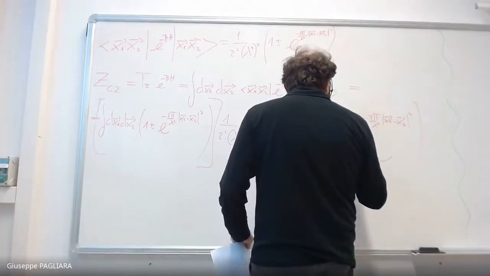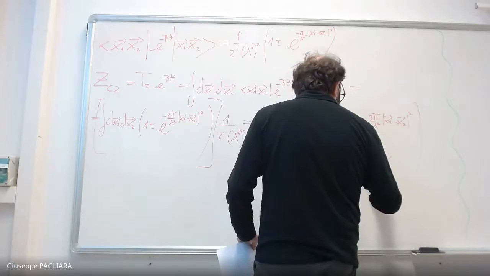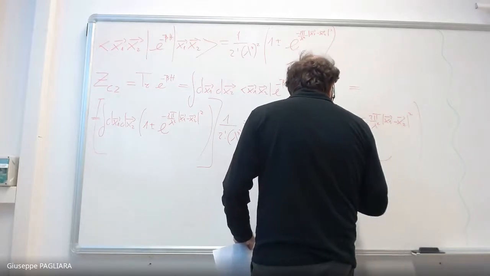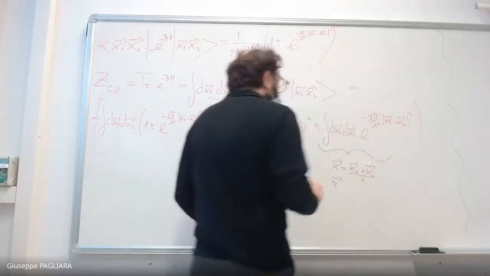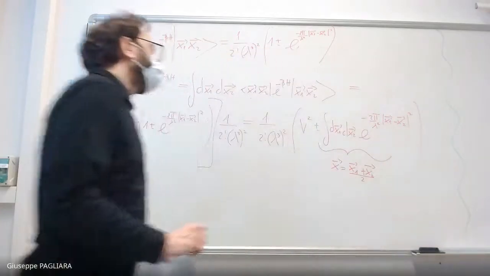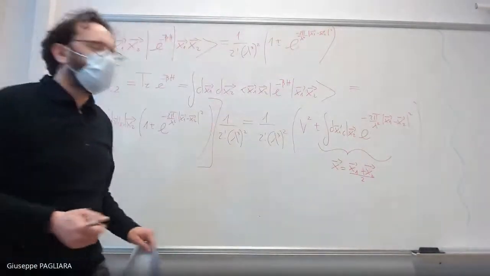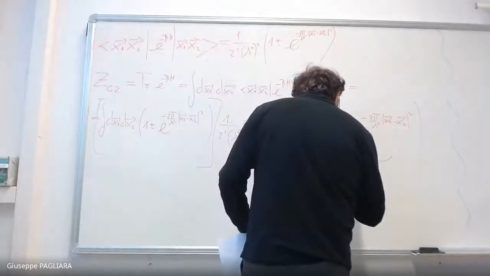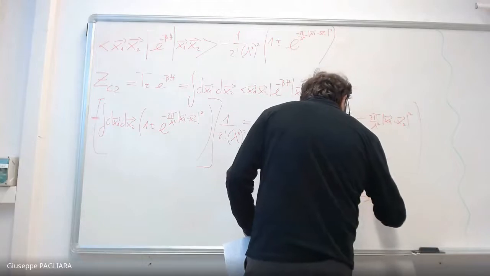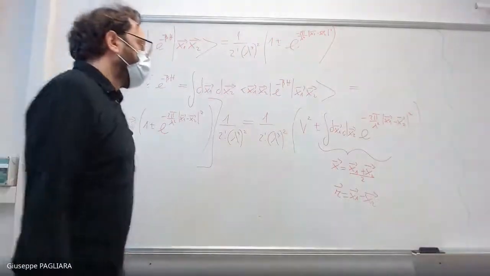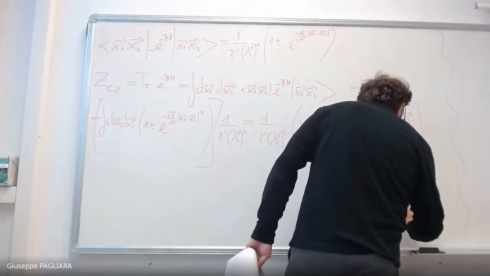Let me call X the x1 plus x2 divided by 2, which is the coordinate of the center of mass, if you want. And r, just the difference instead, x1 minus x2. So you compute the Jacobian, it is equal to 1.